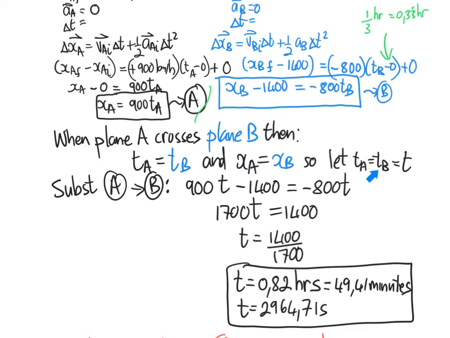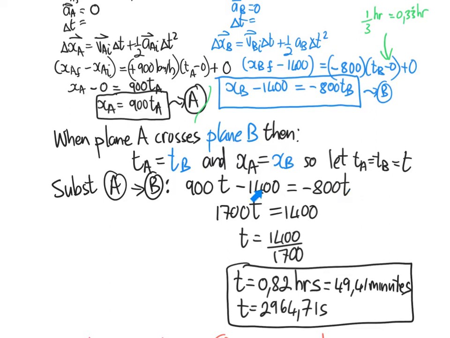So letting ta and tb equal t, xa is 900t, and because xa and xb are equal, we can substitute this 900t in place of xb. 900t minus 1400 equals minus 800t.